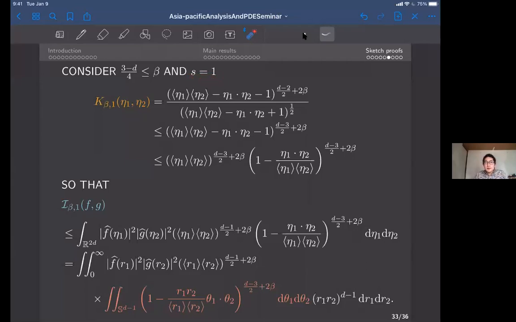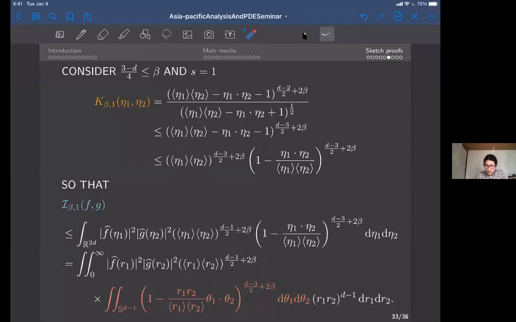In this case, because we are in the wave region, we use the key estimate, the first key estimate, to kill the denominator. So that's this inequality, and the power gets 1/2 smaller. Then because the power is positive by the assumption, you can ignore this 1. It's okay. Then take this Japanese bracket of eta 1 and eta 2 out.